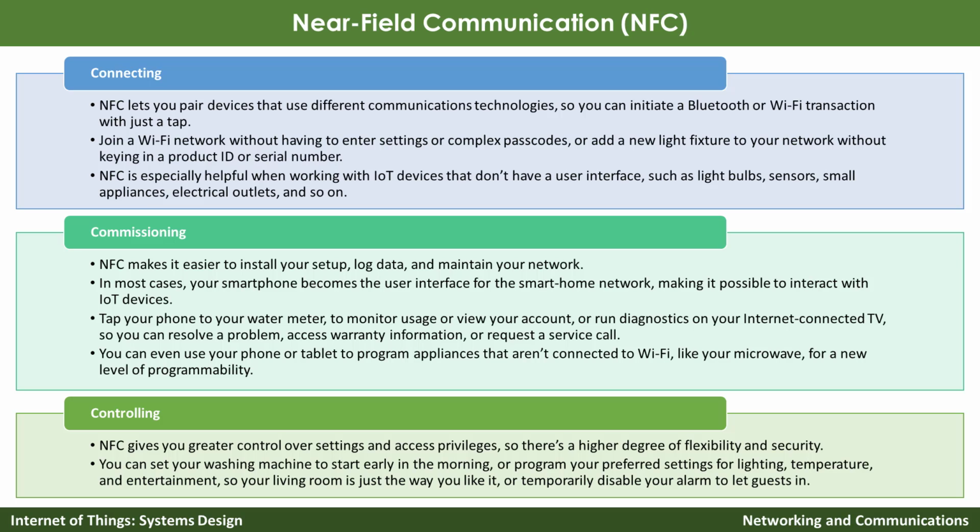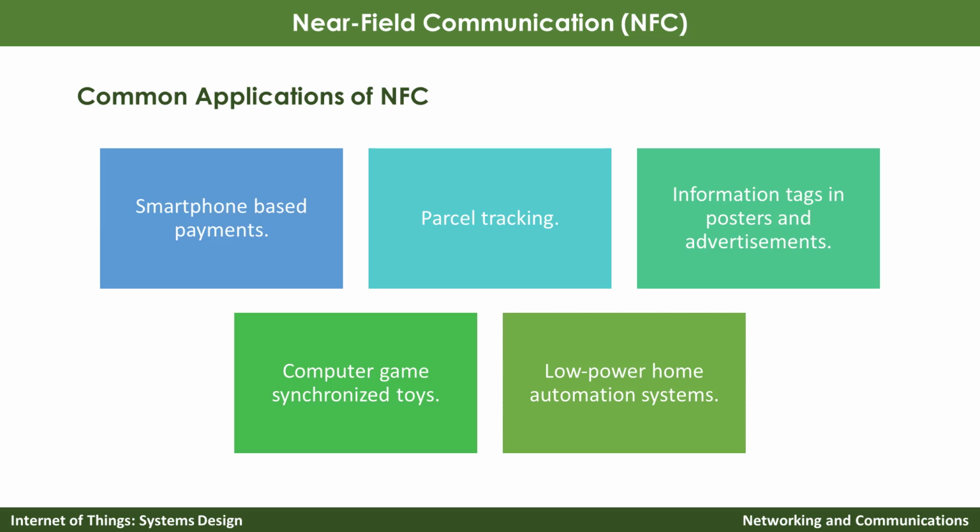Or you can have one type of IoT device configuration set up in your manufacturing setting or agriculture setting, and then you can repeat that by just tapping the other sensors. So the other sensors will be configured in the exact same way because they share the profile through NFC. NFC is commonly used for smartphone or smartwatch-based payment, parcel tracking, computer games, and synchronization of toys.